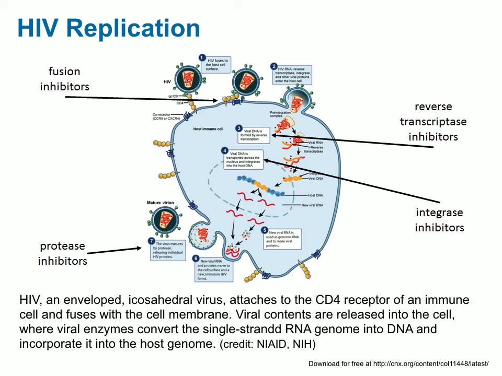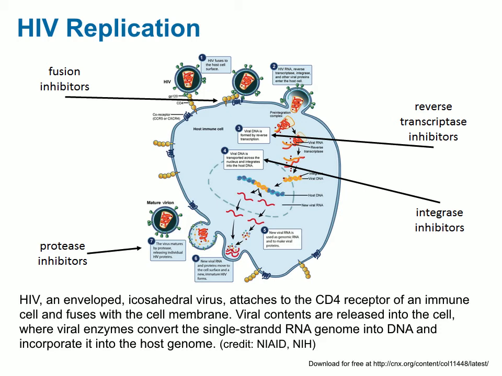The virus then releases its RNA into the cell, and then a viral enzyme, reverse transcriptase, makes DNA from viral RNA. And that viral DNA can wind up in the host DNA, and so it can become a latent infection.